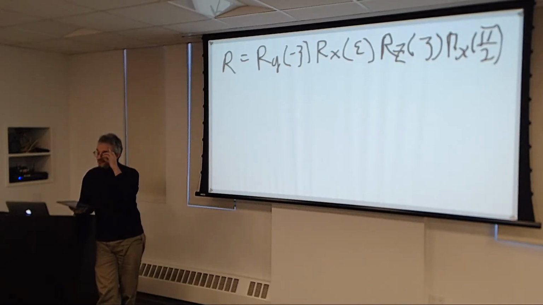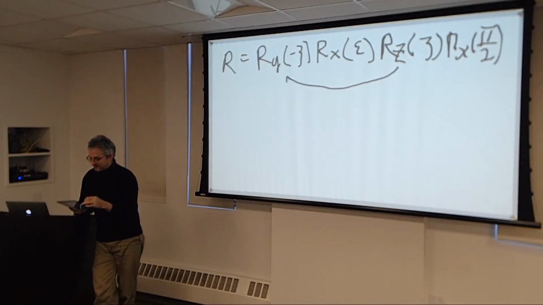Now I'm going to make the approximation that we're only a little bit off resonance, so that the zeta and epsilon are small rotations. So if those are small angles, then the rotations commute with each other. And I'm going to move this one over to here, and this one over to here.